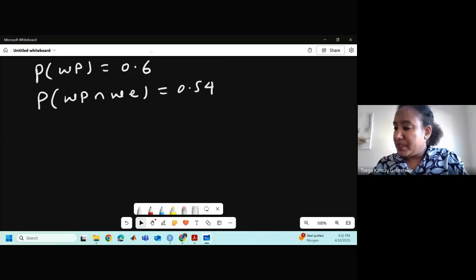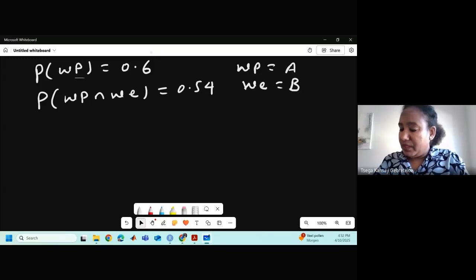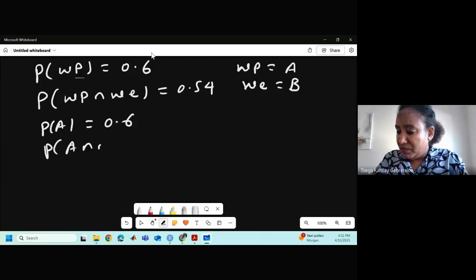0.54. So suppose well planned is A, well executed is B. So here it means probability of A is 0.6 and probability of A intersection B is 0.54.